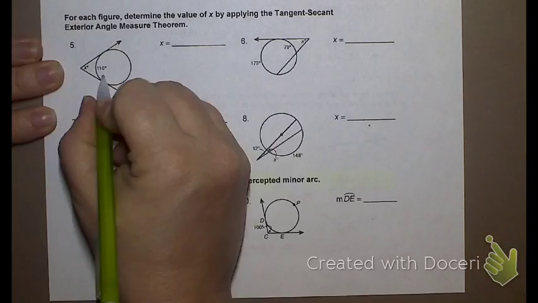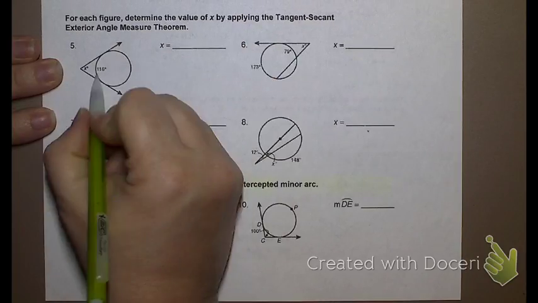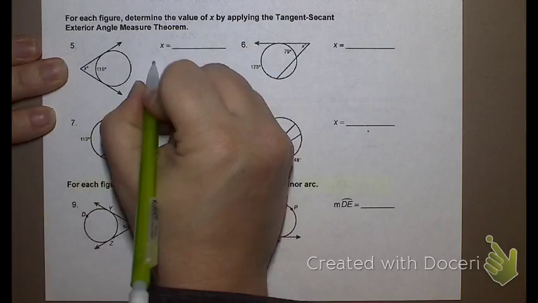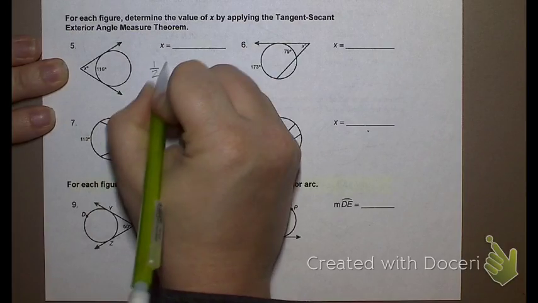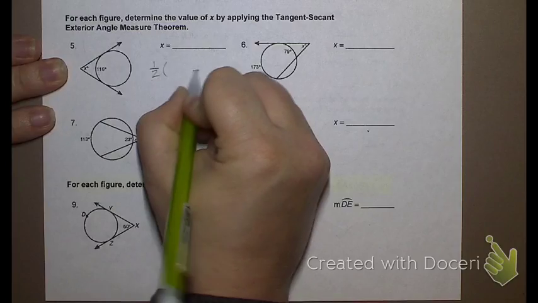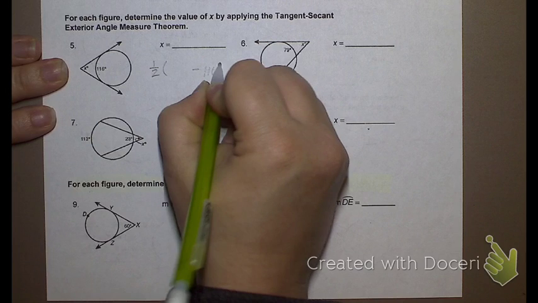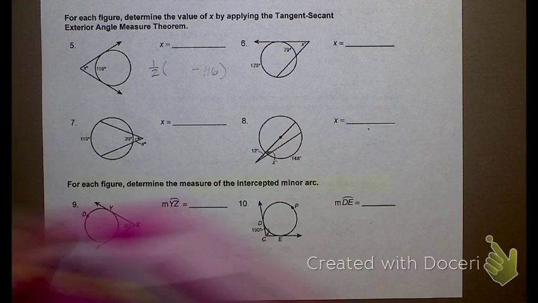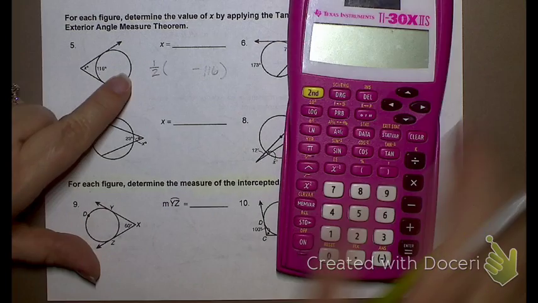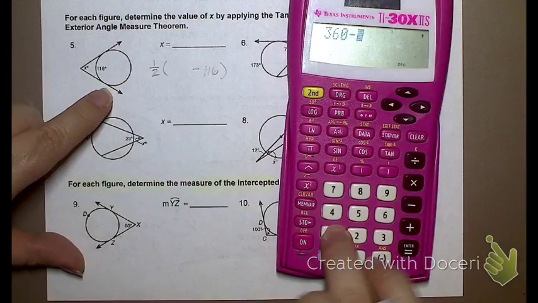Okay, so this one, they tell me this is 116. In order to find x, I have to do 1/2 of the big arc minus the small arc. Well, isn't 116 the small arc? How do I find the big arc? Well, together they make 360, so 360 minus 116.